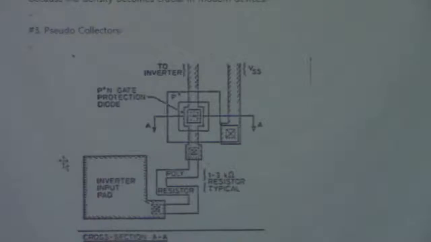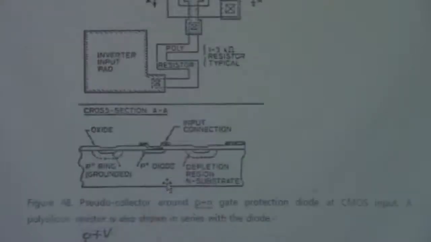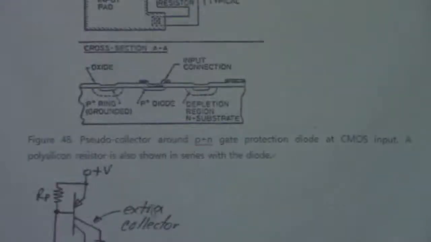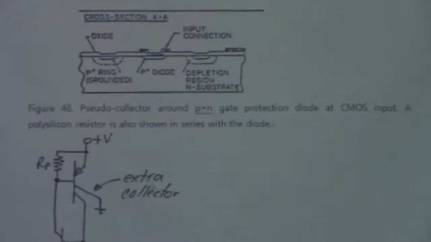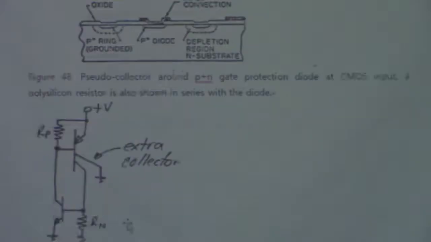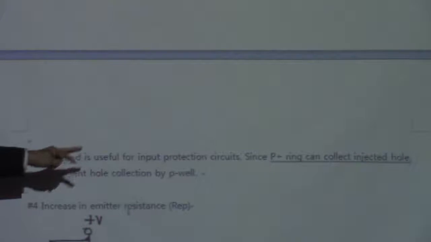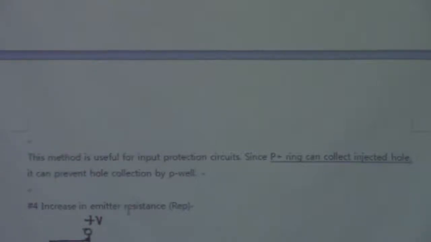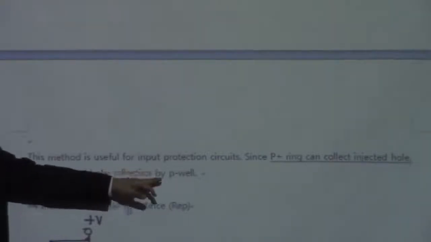Pseudo collectors: you set an extra collector on the vertical bipolar transistors, and this extra collector will reduce the RN. This method is useful for input protection circuits. Since the P plus ring can collect injected holes, it can prevent the hole collection by the P well.